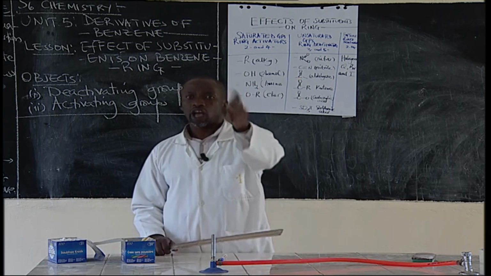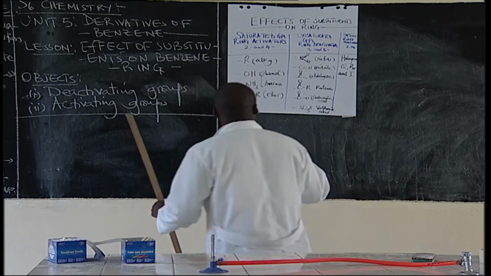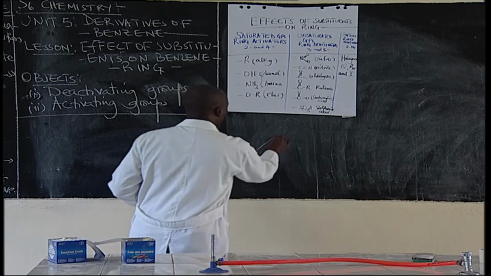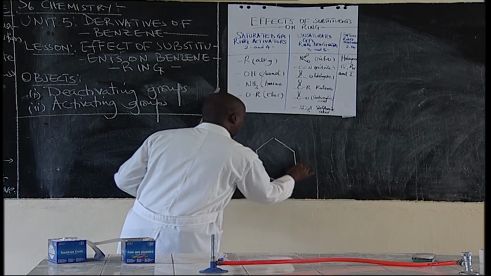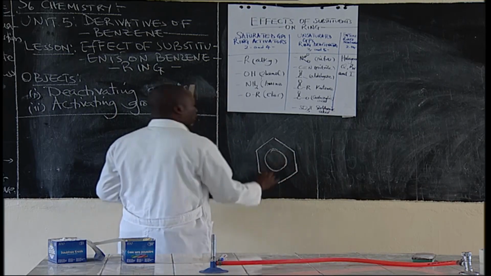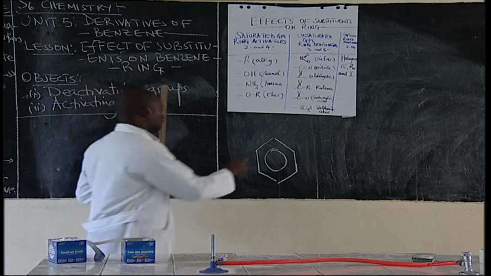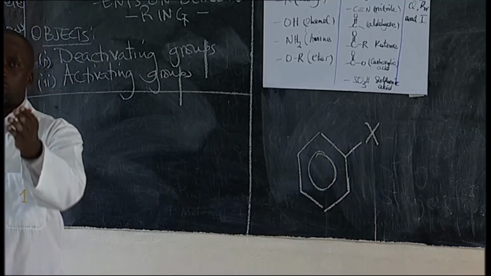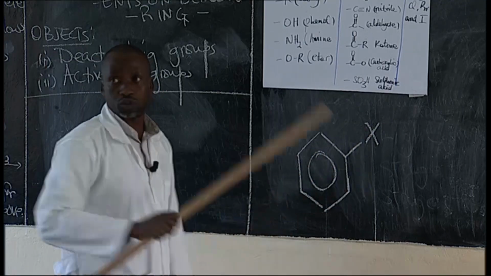So that is when you have the benzene. Take an example. This is a benzene structure with the delocalized electrons. And then we are talking about if there is a substituent. This is the substituent.